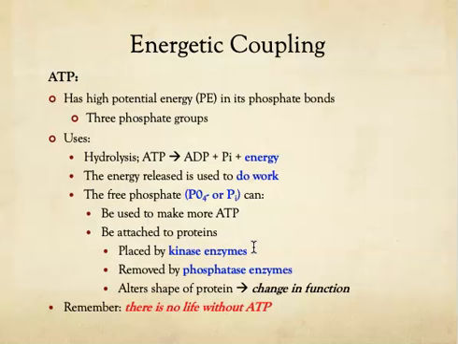There's another family of enzymes called phosphatase enzymes, and these enzymes do the work of taking phosphate groups off of proteins and other molecules. So kinase enzymes put it on, phosphatase enzymes take it off. Anytime you take something on or off of a protein, you're going to change its shape and you're going to change its function.